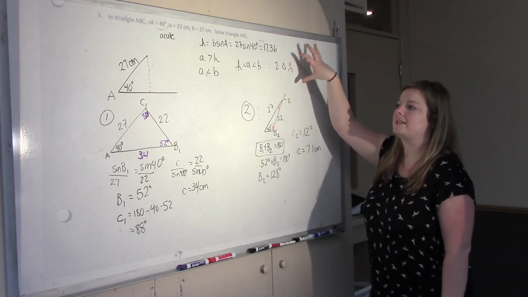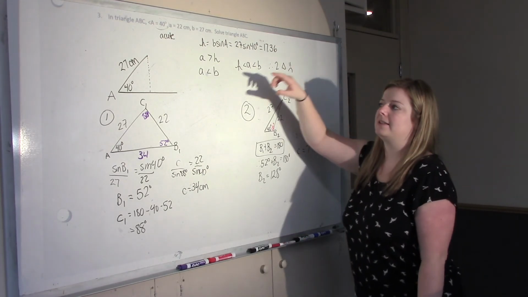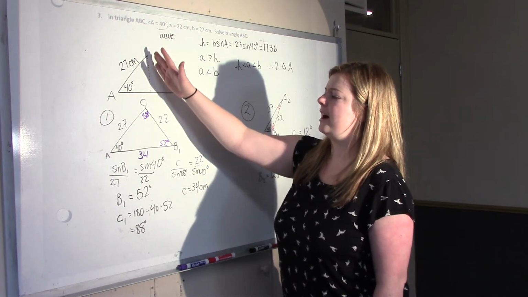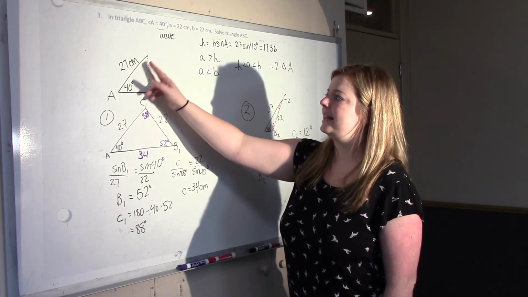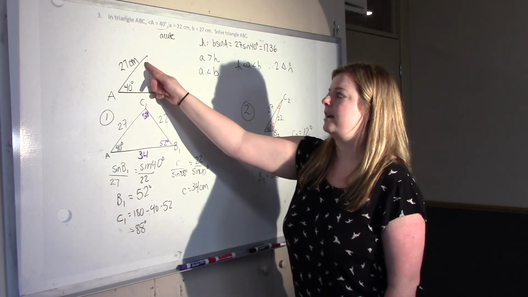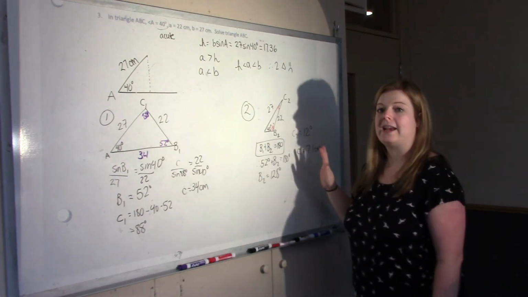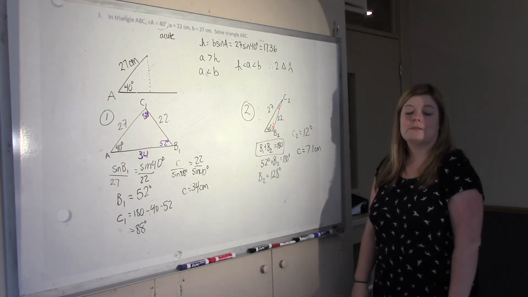But the work told us actually it's the one case where there's two triangles possible, because this side length opposite the given angle is greater than the height that would be if it were a right triangle, but it's less than the length of this side, B. So therefore, it could join up here, or it could join up here. So I have to present both cases because we don't know which one is right. So we have to present both triangles.